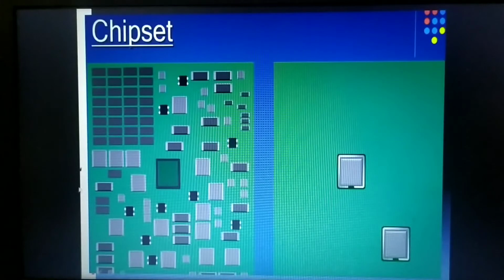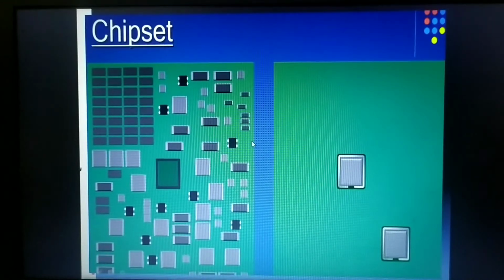Most motherboards in the earlier days were designed with a lot of chips scattered over the motherboard for different purposes, like memory controllers or keyboard controllers. As the technology progressed, computer engineers decided to reduce the number of chips and to have them in a centralized location.